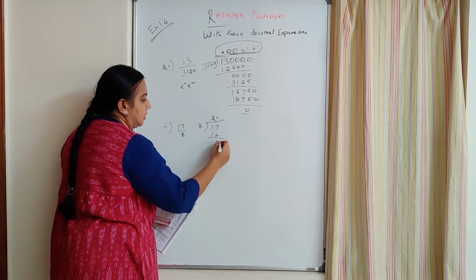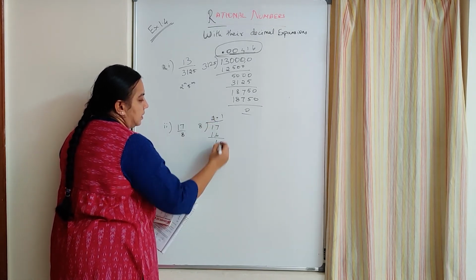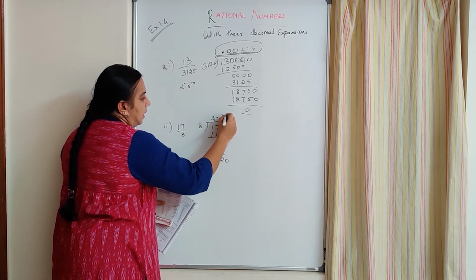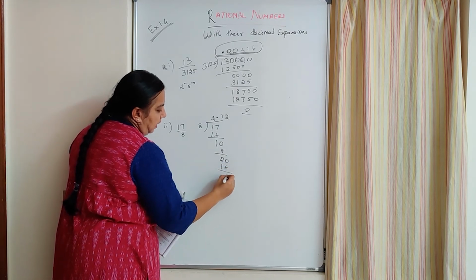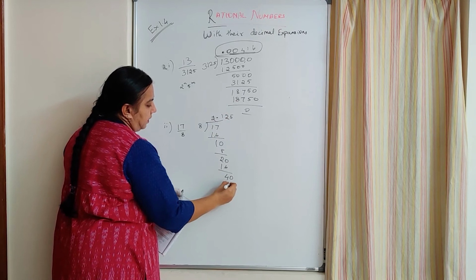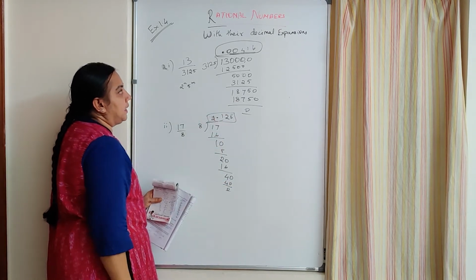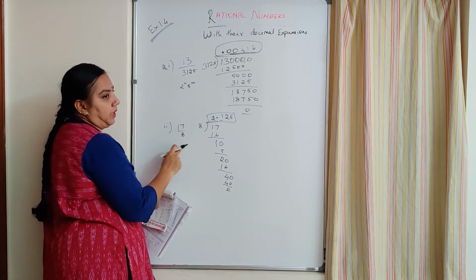I keep a point, 0. 1 time, 8, 2, 0, and I can't divide it again. It goes in for 2 times, 16. I get a remainder 4, and it comes with 5. So this also I have got a terminating decimal as an end result of the 17 by 8.